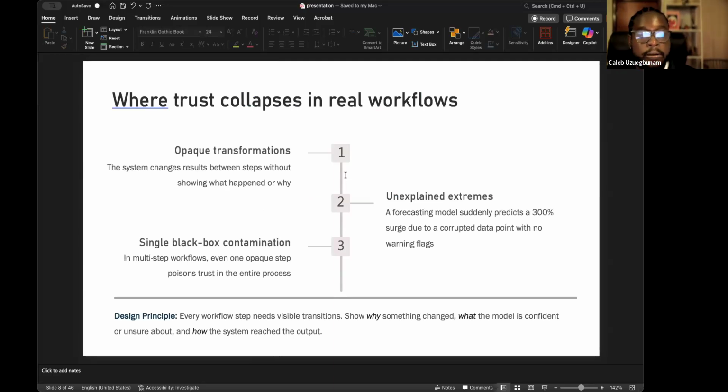One is the opaque transformations, that is, the system goes from A to B, or input to output, without showing how it got there. And this is one of the most important ways. If you remember early in AI, when ChatGPT first launched, you asked it something and then it spat out something.